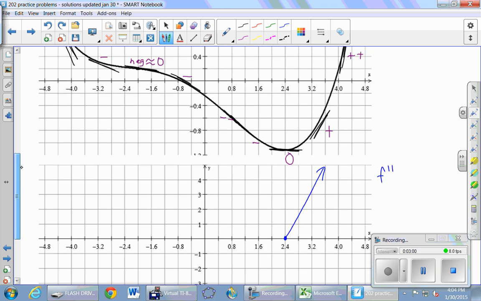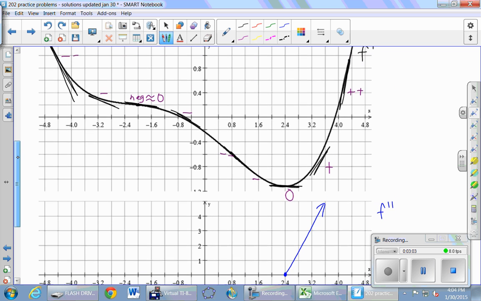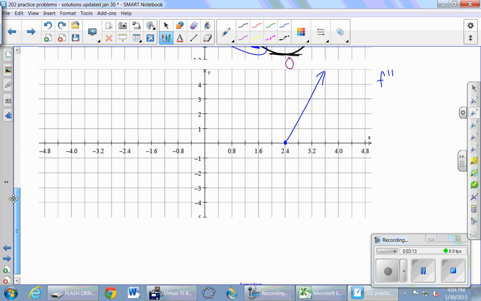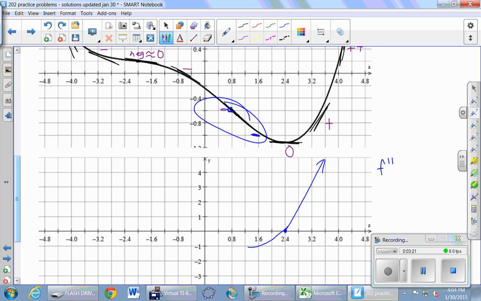And then it's a little bit more complicated to the left. So let's just focus maybe on this part first. So we know that we have negative slopes not too big here, and then negative slopes bigger over there. So let's see if we can draw that. So negative, but not too big, but getting more and more negative until we get to some kind of magical spot, maybe right in here where that tangent line is as steeply downhill as it will be, which means that we're not going to get any lower than this point, at least not nearby.